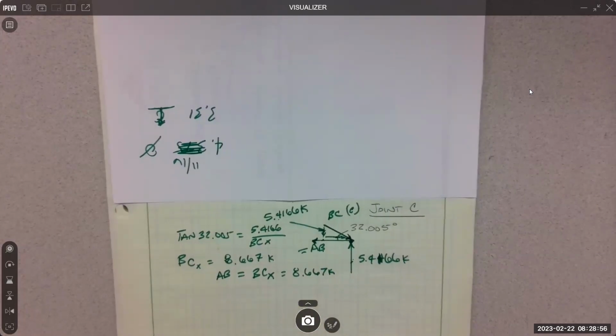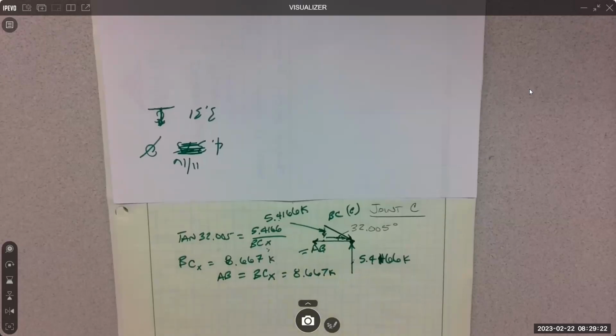Did you do it in the first tangent? I did not. I did tangent 32 equals opposite over adjacent. Tangent 32 is just a number. Right? And then to do the algebra, BCX and tangent 32 just switch places.